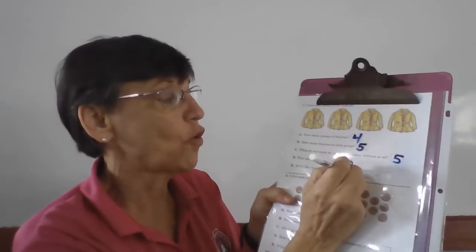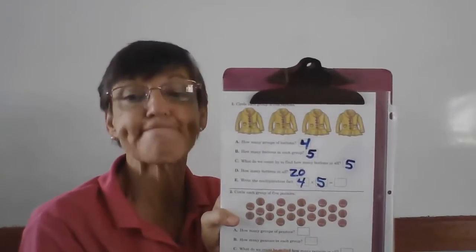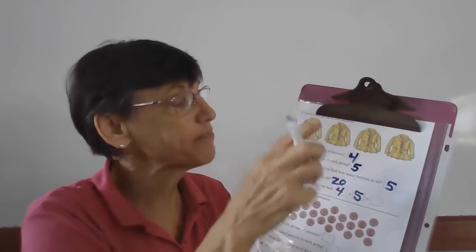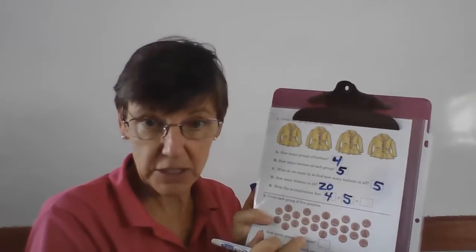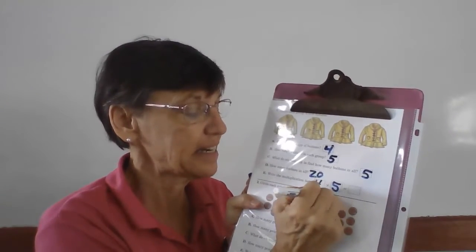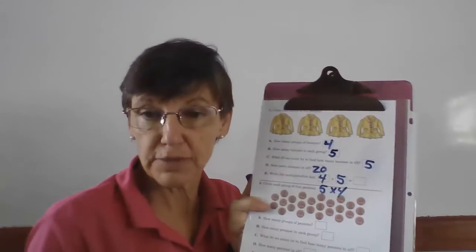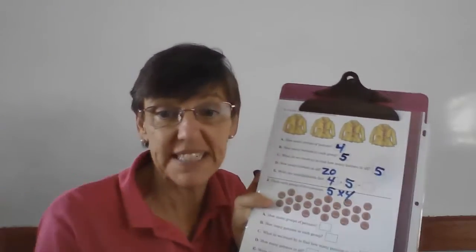We have 4 groups, and each group has 5 in it, right? We can say 4 coats with 5 buttons, or we can say 5 buttons on 4 coats. It doesn't matter. It's the same buttons, right? We still have the same number of buttons.